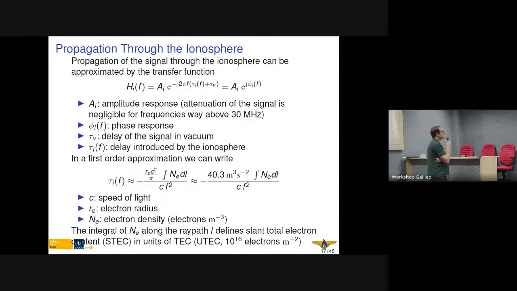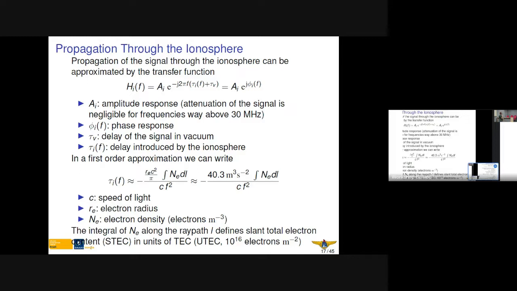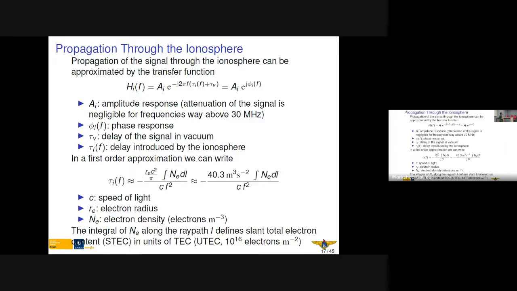In a first order approximation, we can write that this T_i, which is dependent on f, is approximately r_e times c to the power of 2 divided by pi, and then we have this integral of the electron density along the ray path, L. This is then the TEC value in our case.